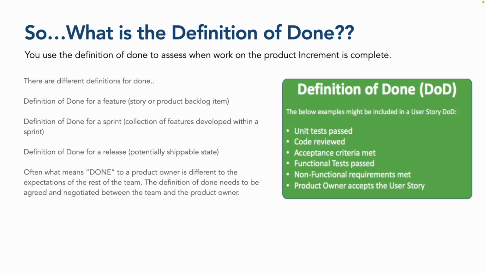So an example on the right hand side of this slide is a very simple definition of done. So here we have a summary which says the unit test must be passed, the code must be reviewed, the acceptance criteria must be met, functional tests passed, non-functional requirements met, and product owner must accept the user story.